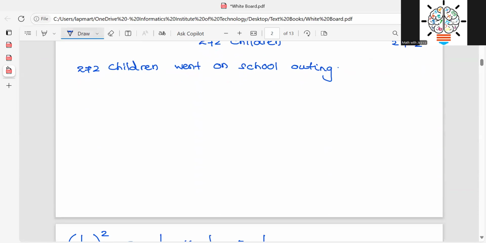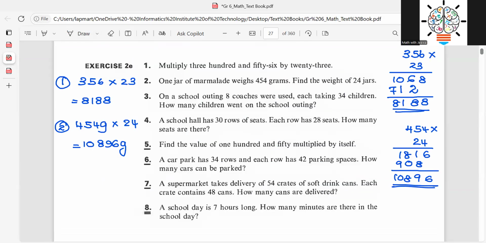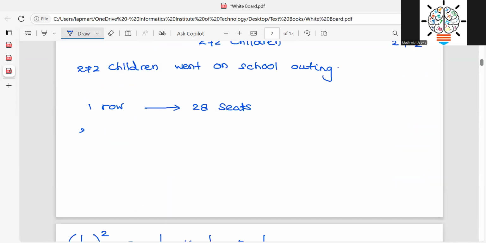In one row, we have 28 seats. So if you have 30 rows, how are we going to find it? 30 rows, we multiply 28 by 30, right? So that many seats will be there in the whole hall.